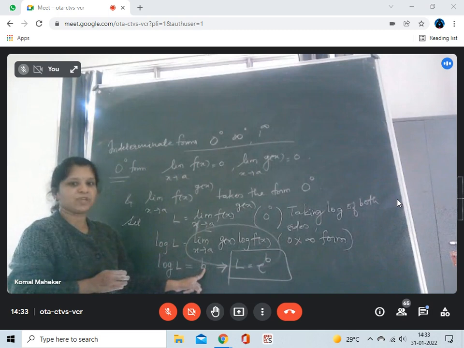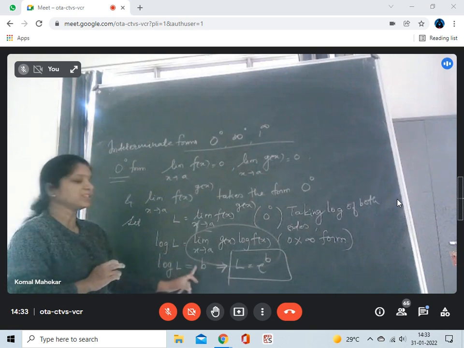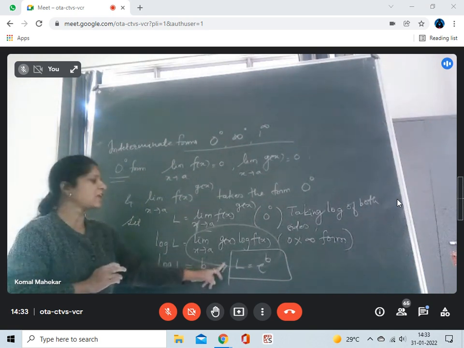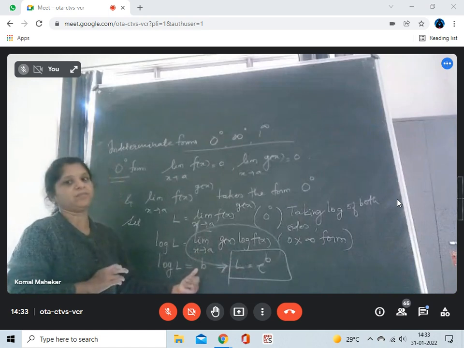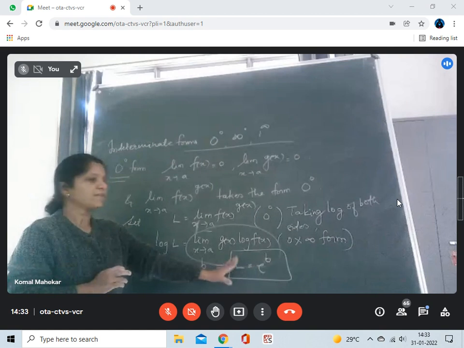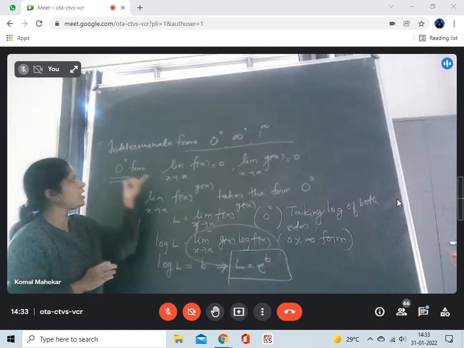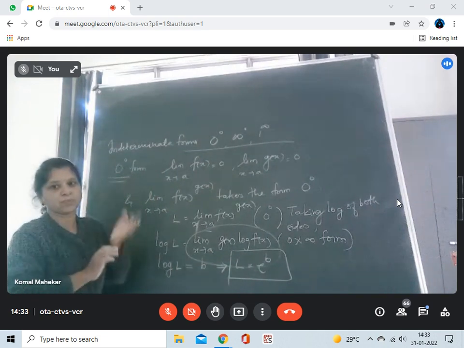Suppose the answer is b. Then log of L is equal to b, and from this the L value will be e raised to the power b, so that will be the answer of the given problem. Now we will consider an example on this 0 raised to 0 form.